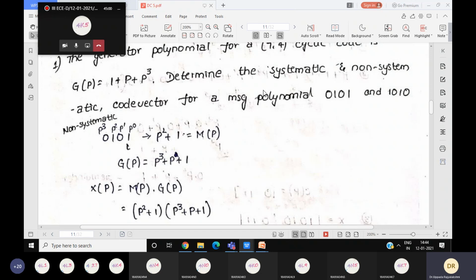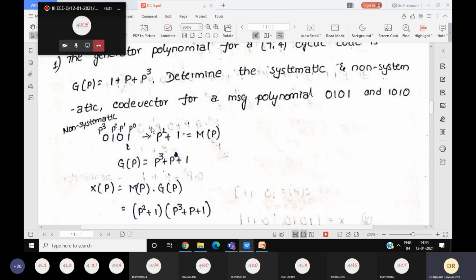So k minus 1 means p cube. So for p cube the coefficient is 0 and for p square the coefficient is 1. For p power 1 the coefficient is 0 and for p power 0 the coefficient is 1. So 0, 1, 0, 1. So it will be p power 0, p power 1, p square, p cube.